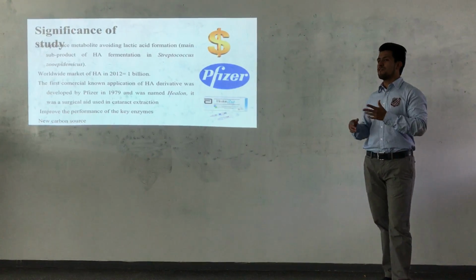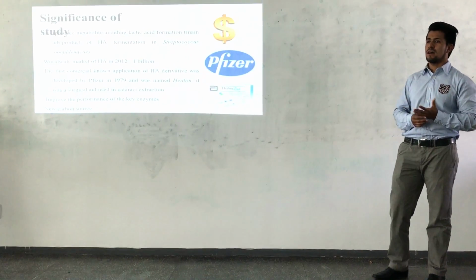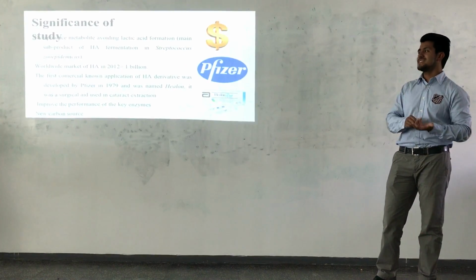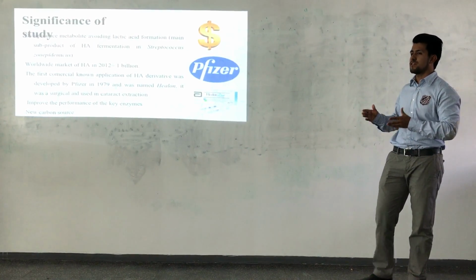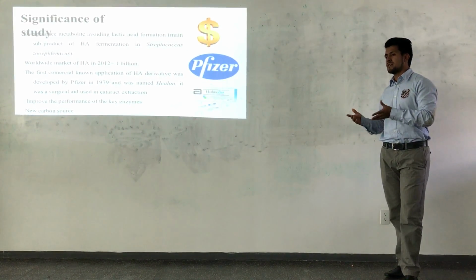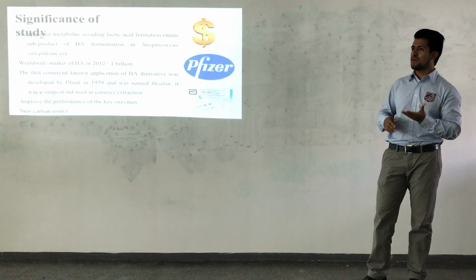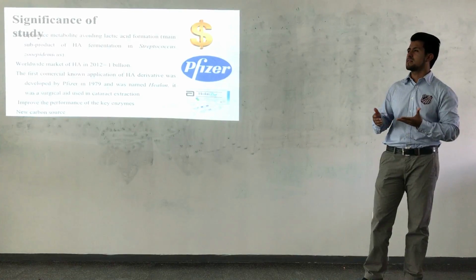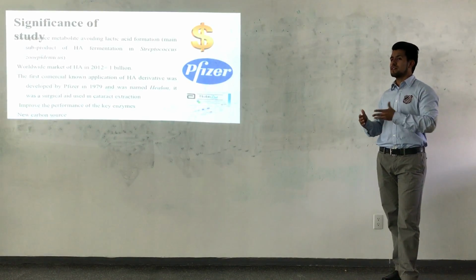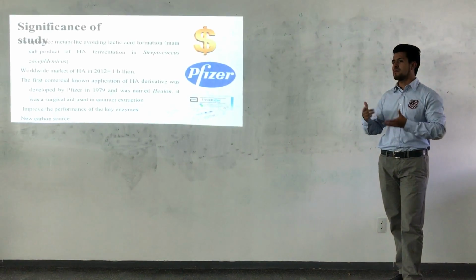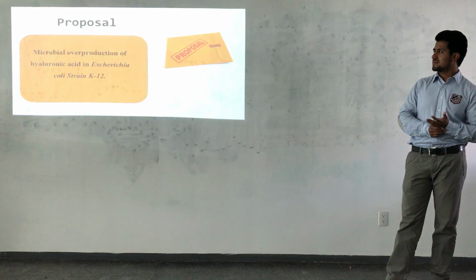Then they used it as a viscosupplement for people who have osteoarthritis, and then maybe the most popular use for hyaluronic acid nowadays is as a dermal filler, because as we know, the cosmetic industry is gaining market, and a lot of people spend money in that aspect.